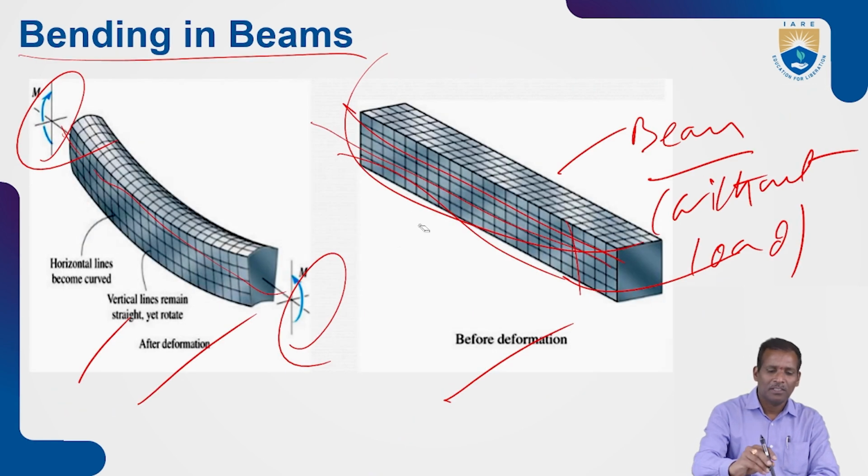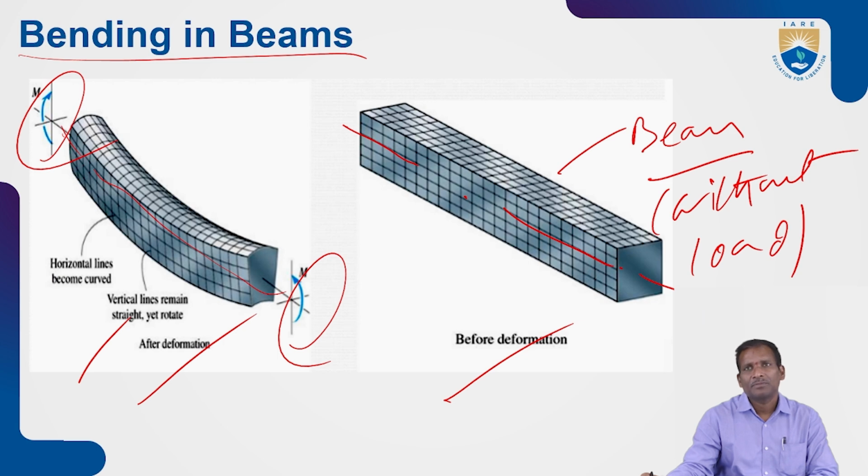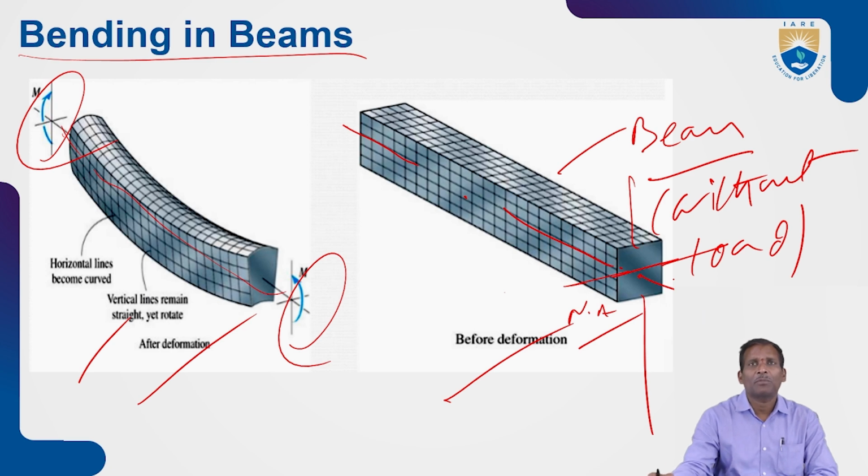See in this example, the neutral axis of the beam, NA, does not involve any type of loading, compression or tension.